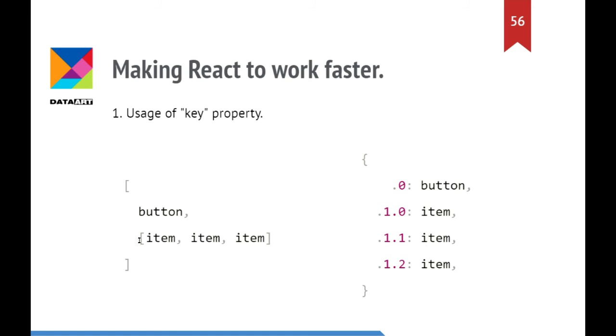So it is no longer an array of arrays, so it's not a complicated structure. It's going to be just a plain object with such keys as 0 is button because it's the first element, then the next sibling, but there are different instances of those items, like .0, .1, and .2. That's why they have additional instances.